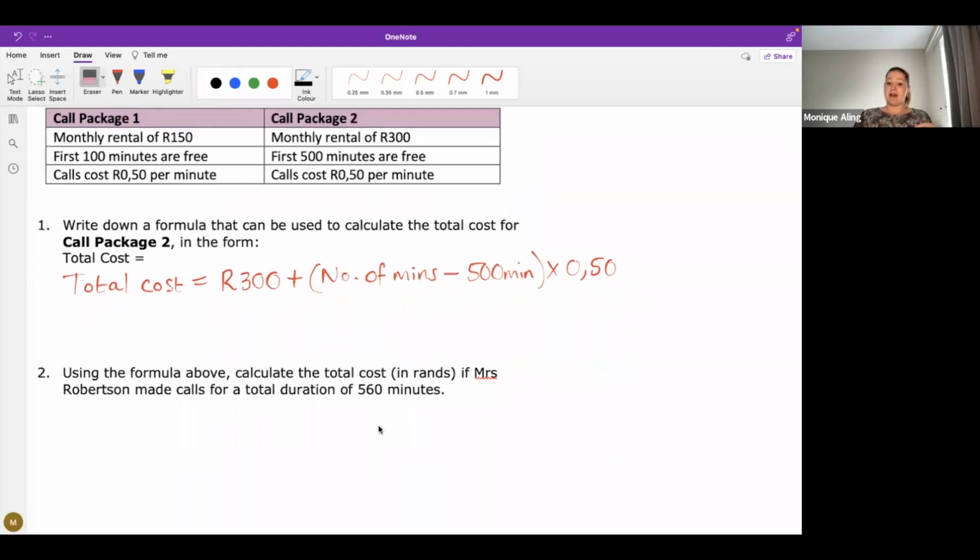Okay, then question 2. Using the formula above, calculate the total cost in Rands if Mrs. Robertson made calls for a total duration of 560 minutes. I'll give you guys a couple of minutes to try that one.